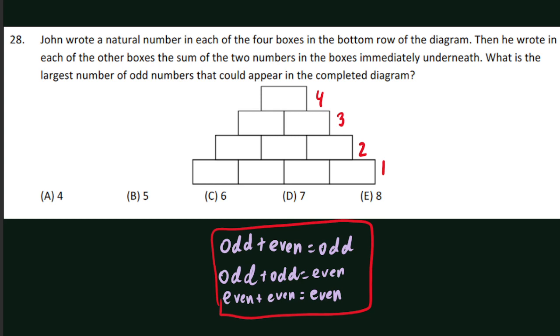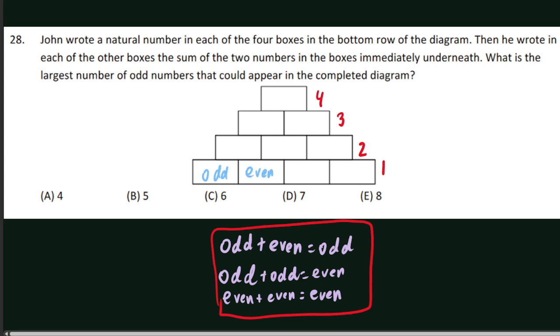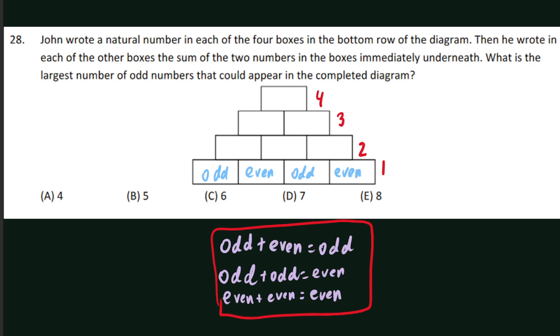So immediately, the most common first thought would be to do this. Why, you might ask, is because it gets the most amount of odd numbers in row 2, which is this row. Because if we do this, the sum of these 2 numbers will be odd. The sum of these 2 numbers will be odd.